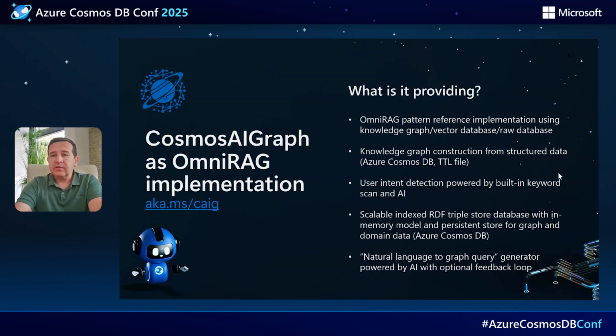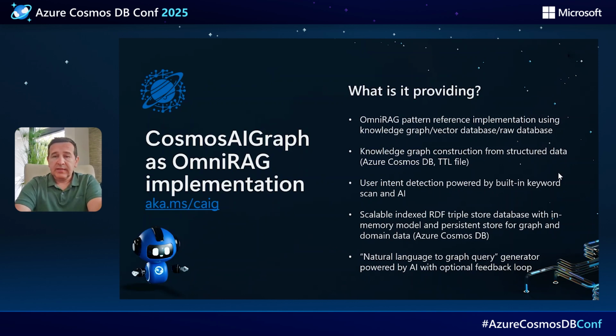What it provides is essentially the reference implementation for OmniRAG with knowledge graph, vector database, and raw database. We use Cosmos DB for the raw database. It provides knowledge graph construction from structured data that could be in Azure Cosmos DB or a TTL file. It also provides the intent detection mechanism. We call it strategy builder, powered by built-in keyword scan or AI.